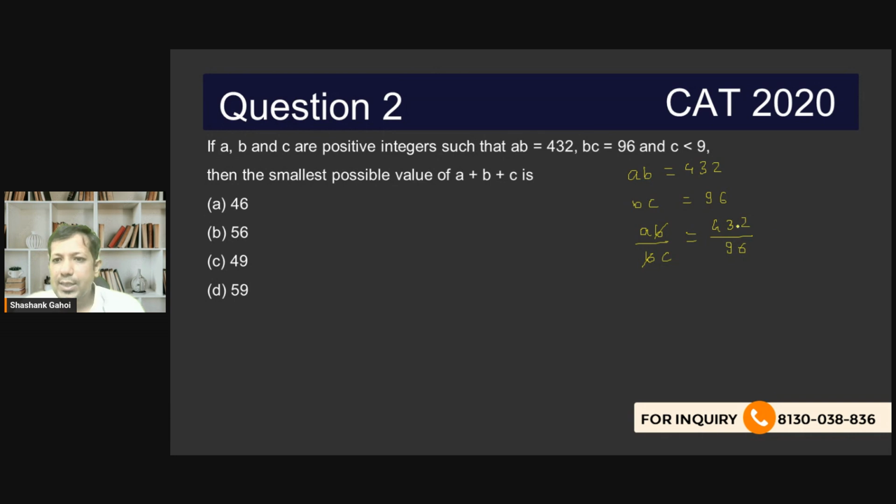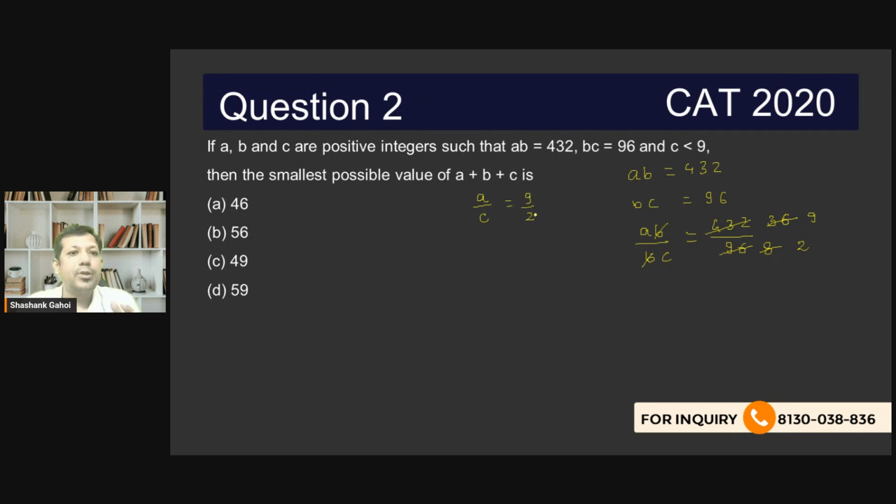Can I cancel with 24 or 12? 12 8s are 96, 12 3s are 36, so it is going to be 36. Now can I cancel it by 4? Yes. So it is going to be 9 upon 2.